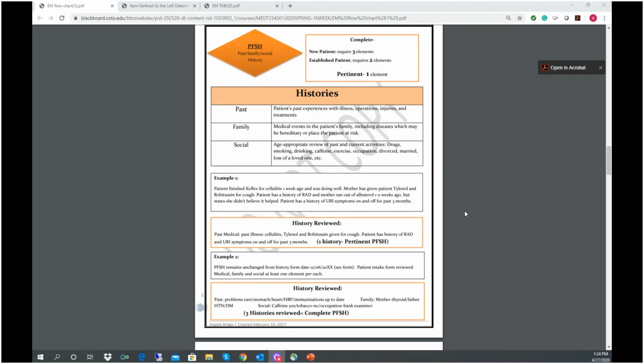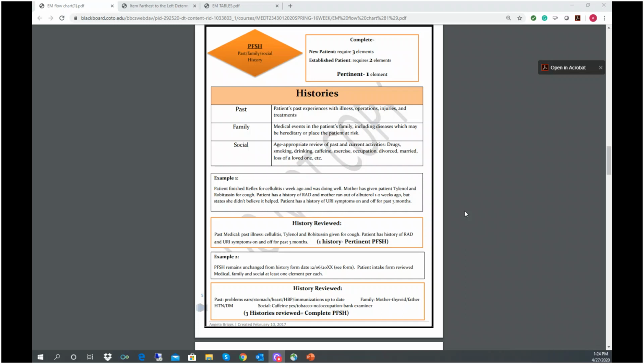Patient has a history of upper respiratory infection, symptoms on and off for the past 3 months. History reviewed: we have past medical, past illness, cellulitis, Tylenol and Robitussin given for cough, and a history of RAD and URI symptoms on and off for the past 3 months. There's 1 history pertinent, so we have past history.